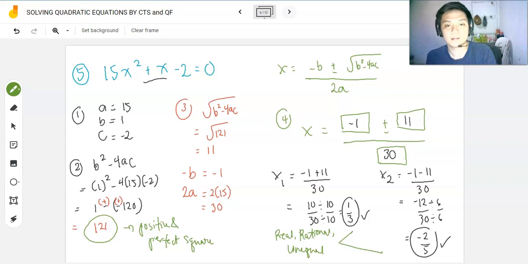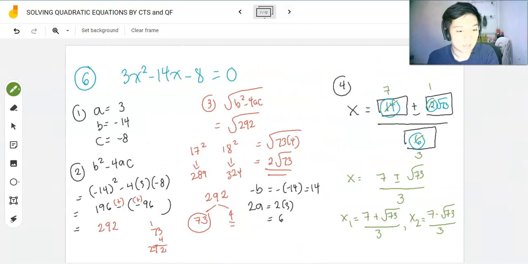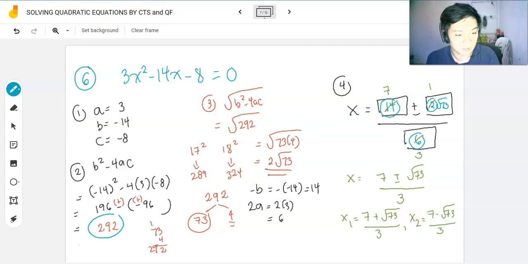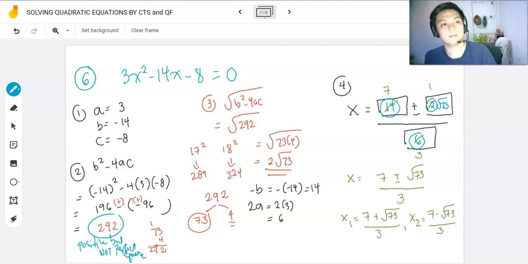Yan. Equation number 6. Anong kanyang discriminant? Ito, yung positive 292. So, this is positive, but not perfect square. And then, ano mga roots na meron dito?